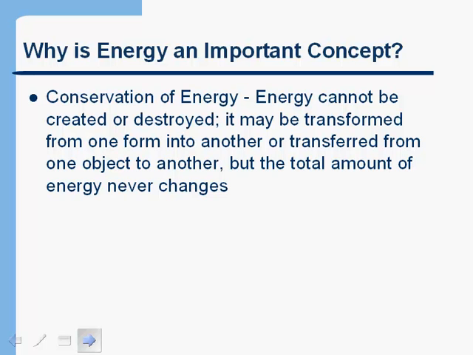You may remember in that first PowerPoint, I talked about my morning coffee and how the energy to make that coffee started out as coal or some other fossil fuel and ultimately ended up as thermal energy or heat energy that allowed me to heat my coffee. So energy can be transferred from one object to another, and it can be transformed from one type to another. But the total amount of energy never changes. And we're going to use that concept of conservation of energy in this chapter.